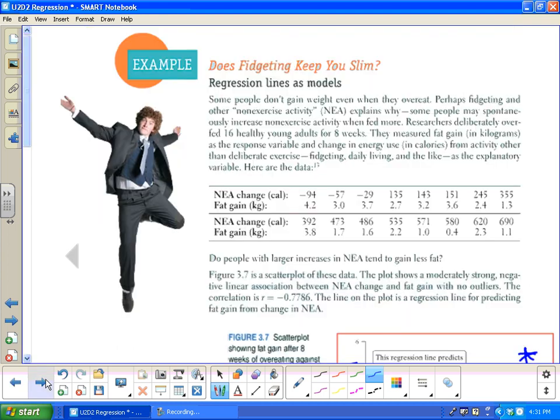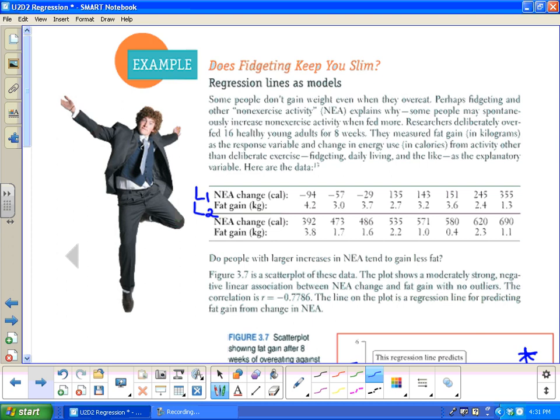Okay, so let's take this data. We are going to actually learn today how to calculate a regression line, but we're going to calculate it on our calculator. So what I'm interested in doing is taking this data right here, the NEA change and the fat gain, and putting it into L1 and L2 in your calculator. We're going to take the NEA change and put it in L1, and the fat gain and put it in L2.